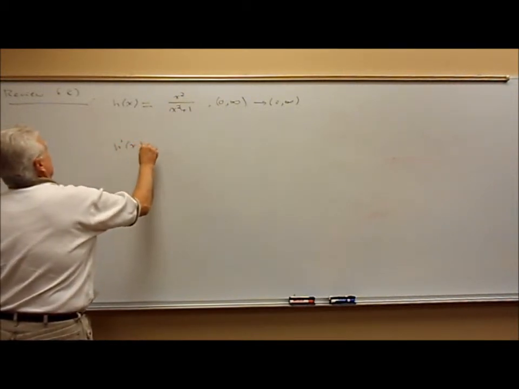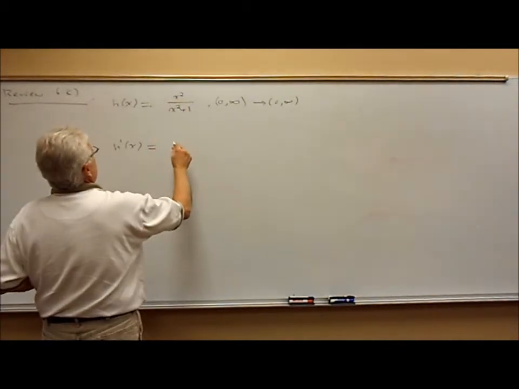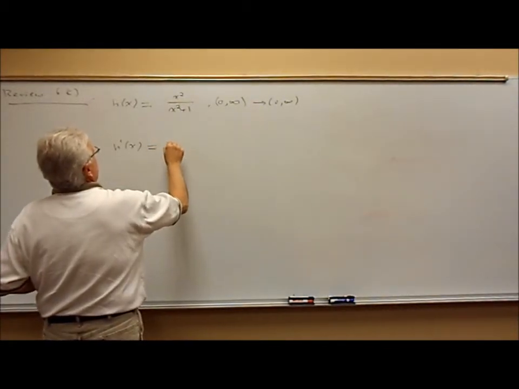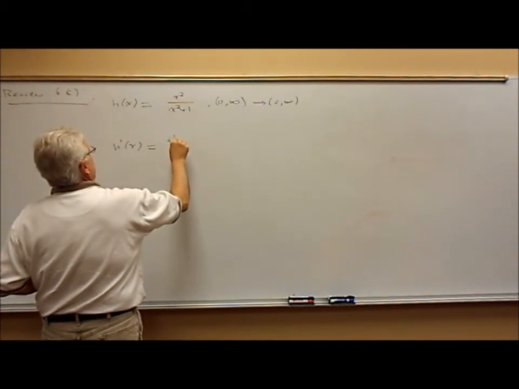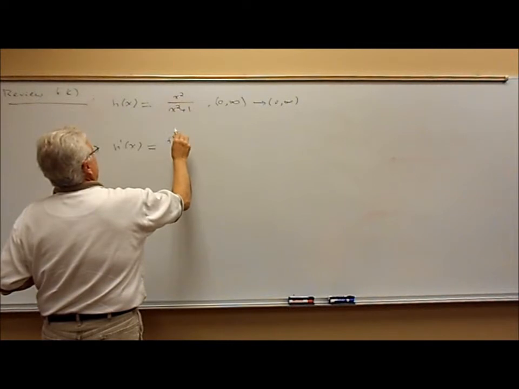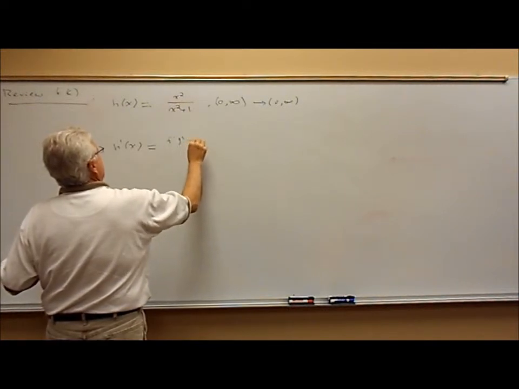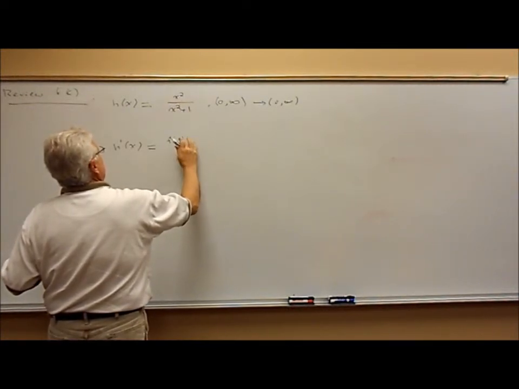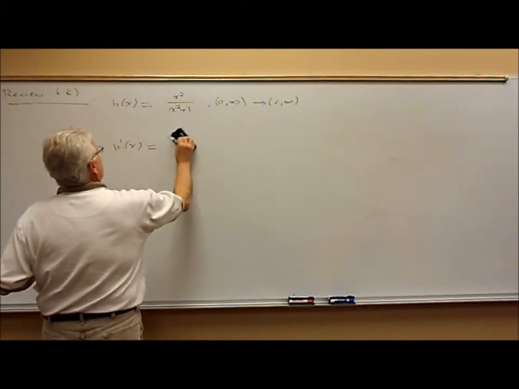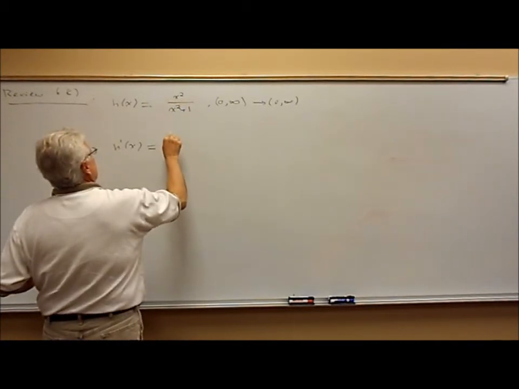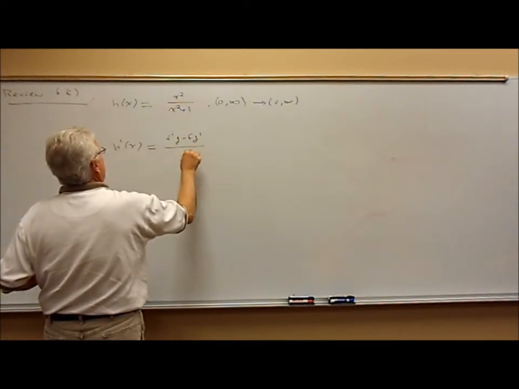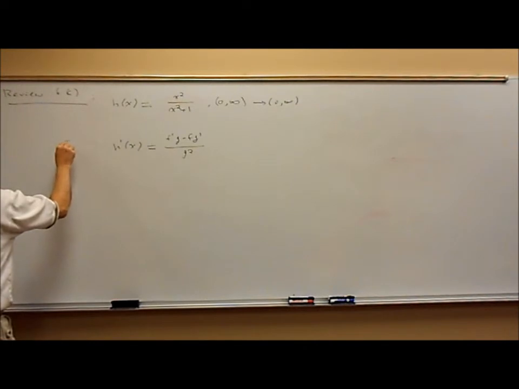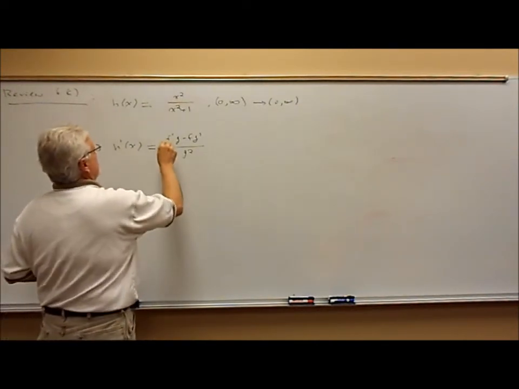H prime of x. Remember the formula for the derivative of the quotient: I'm sorry, let's see, it's f prime g minus f g prime over g squared, where f and g are the numerator and denominator respectively.